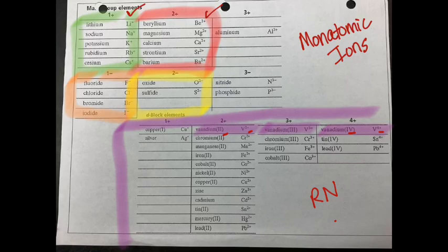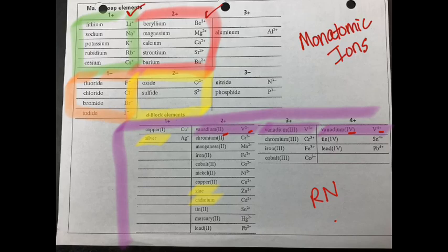Now, if these metals do not have a Roman numeral, and we've got some that we will highlight, such as silver, zinc, cadmium, aluminum is a metal, but it's up there at the top in group 13. Those metals are saying, hey, if I don't have a Roman numeral, that's going to be the only charge that either is possible or that we are even going to consider.